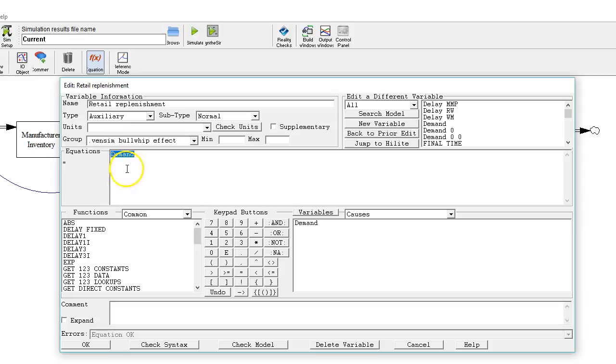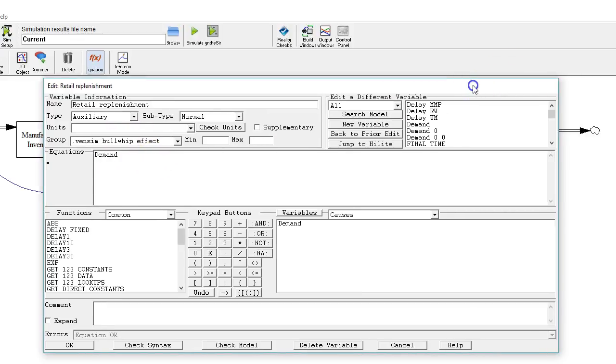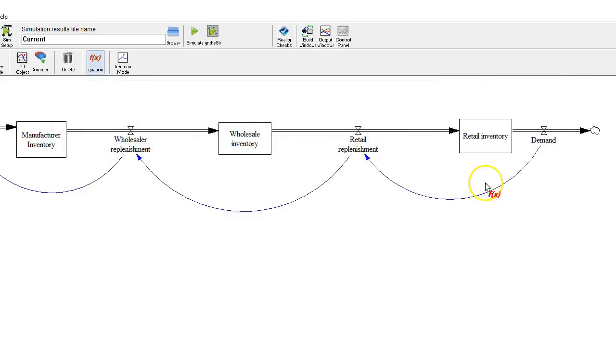It just says it's equal to the demand. That means that as soon as the demand happens, we're going to know exactly what is the demand, and we're going to just replace that demand from the inventory in the retailer.